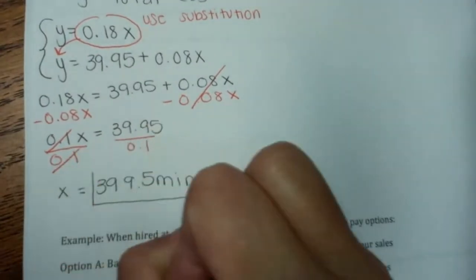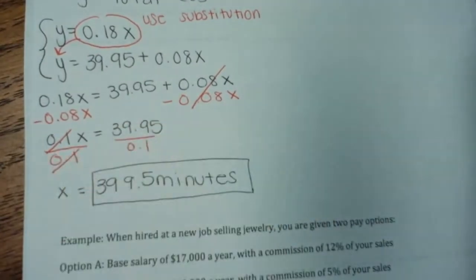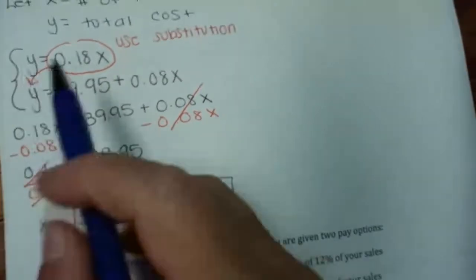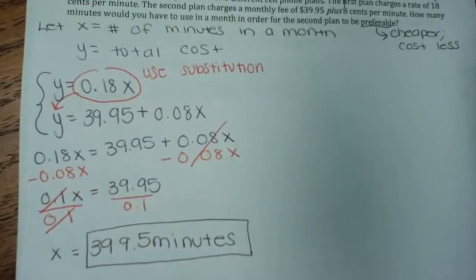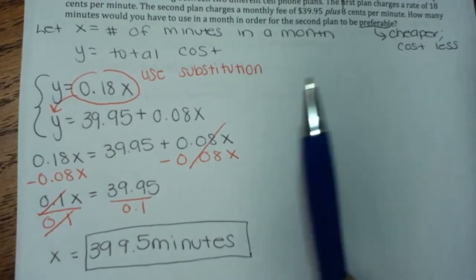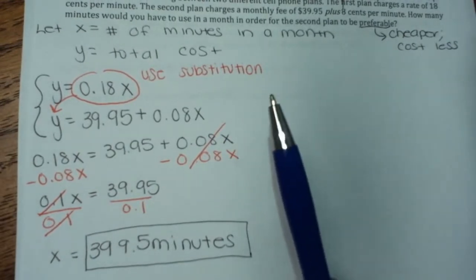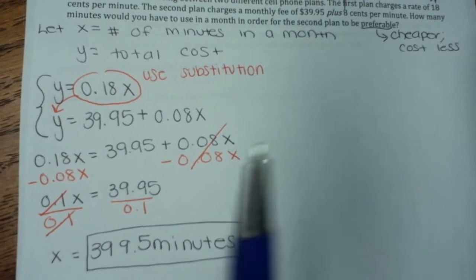And that's our answer. So let's think about it back in the context of the problem. So in order for these two to be the same price, because we set them equal to each other, it would have to be 399.5 minutes. So the question was, how many minutes would you have to use in a month in order for the second plan to be preferable?